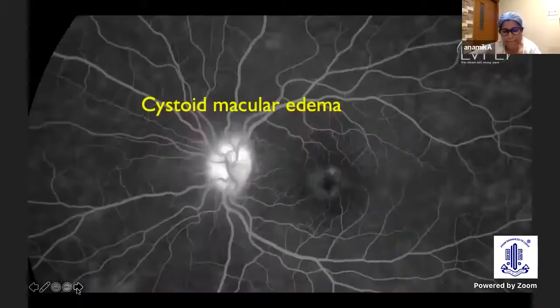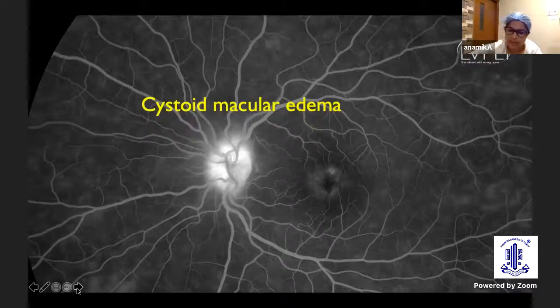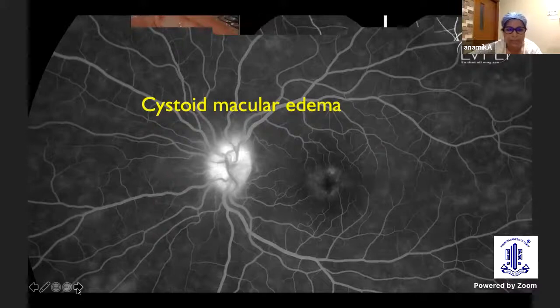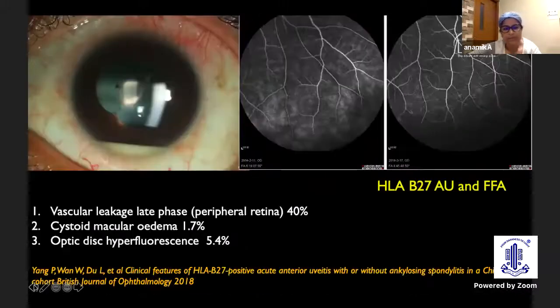Another possible fluorescein picture you may get to see in anterior uveitis would be a cystoid macular edema, or disc hypofluorescence.